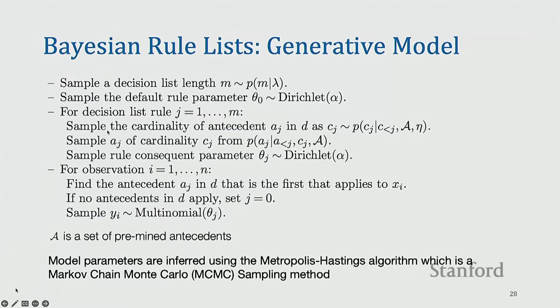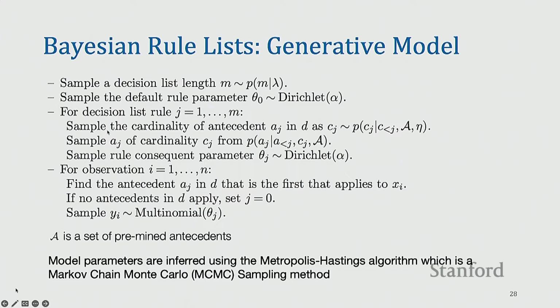Now, just at a very high level, for this kind of a generative process, they use something called the Metropolis-Hastings algorithm. For those of you who are familiar with MCMC or Gibbs sampling methods, this is essentially one of those classes of algorithms, and using this, they go back and estimate all the parameters in that generative process that they don't know.